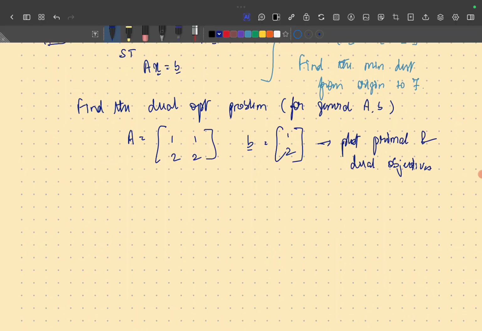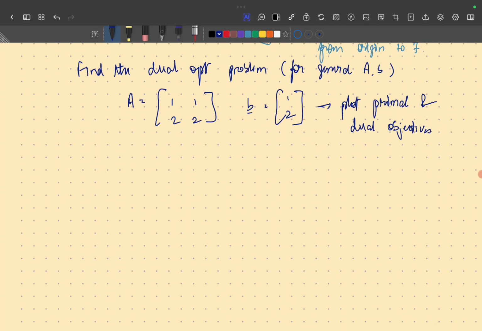But now I'll just give you a recipe, something again that you would have seen earlier in your previous courses. I'll just state the recipe and then we'll see how we get this particular recipe of finding the solution. All right.